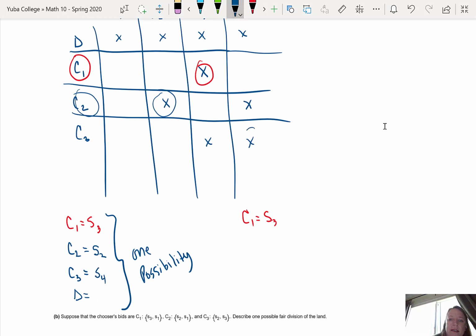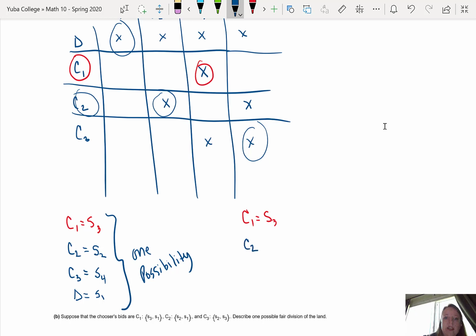If that was the case, that would mean that they would get S sub 1. So is it possible that we split this up a little differently? Okay, well, again, chooser 1 has to get S sub 3. Let's look at chooser 2.